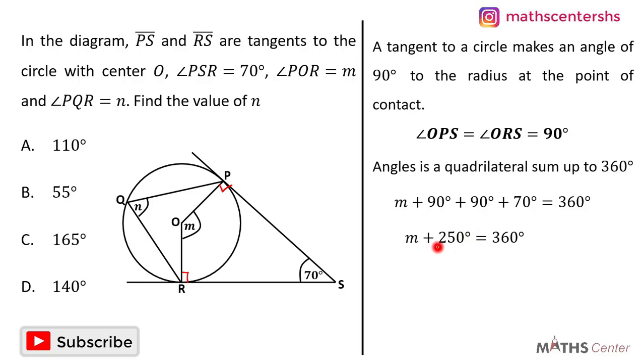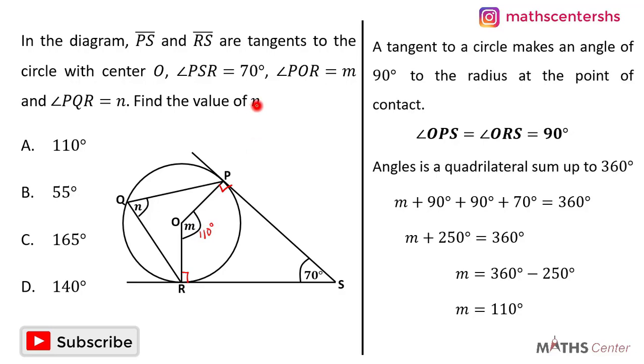So M plus 250 degrees is equal to 360 degrees. This gives us M is equal to 360 minus 250, which is 110 degrees. So the value of M, the angle here, is 110 degrees.